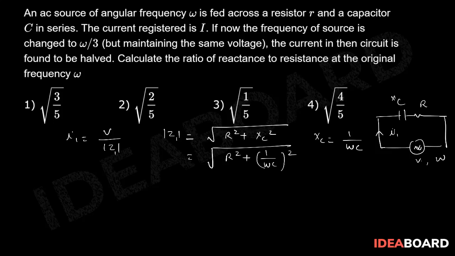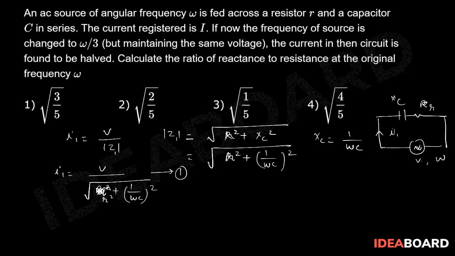So I1 is going to be V upon under root of r square plus 1 upon omega C whole square. This is small r, let me correct it. Perfect. This is equation number 1.